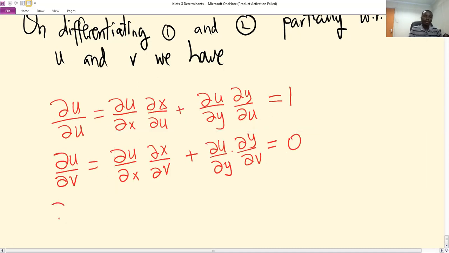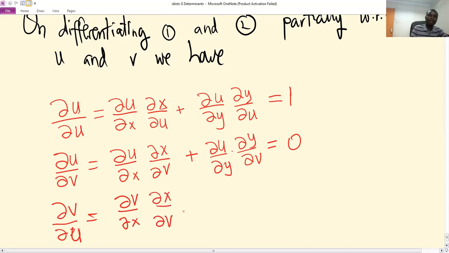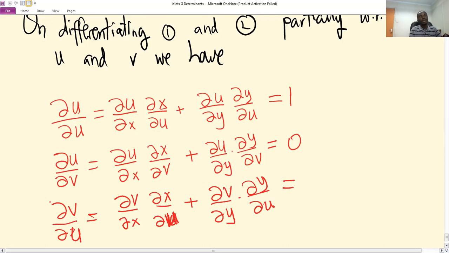Then partial v over partial u is the same as partial v partial x times partial x partial u, plus partial v partial y times partial y partial u. Because v is only a function of x and y, when you take the partial with respect to u, the answer should be 0.